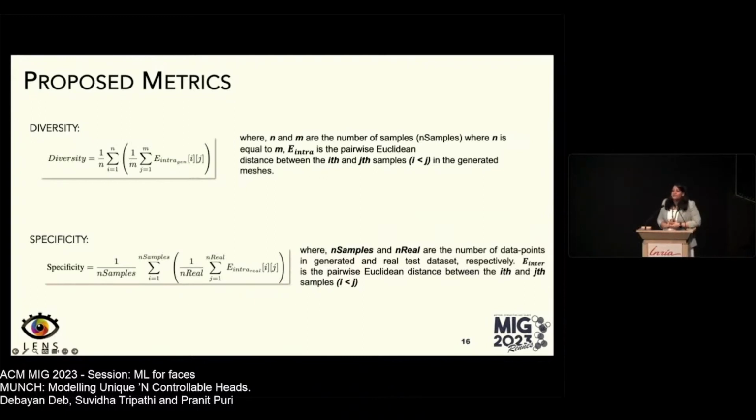There is a difference between the generated heads, and they also follow the real distribution, not swaying away from it. It looks like a human head, but it is still different from the real test data.